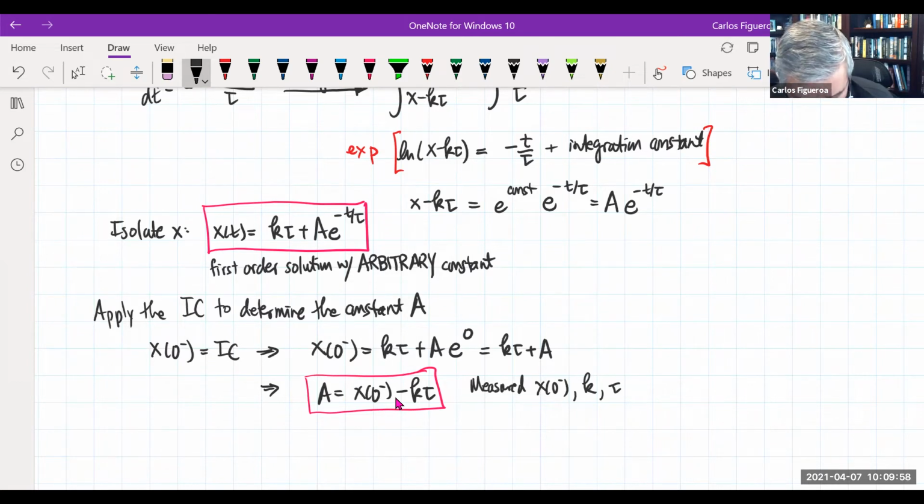So we know these. But just to make it a little bit more clear, because we want to get it to the right form, I'm going to bring in another thing here. I'm going to look at the infinity, and this guy is the final steady state.